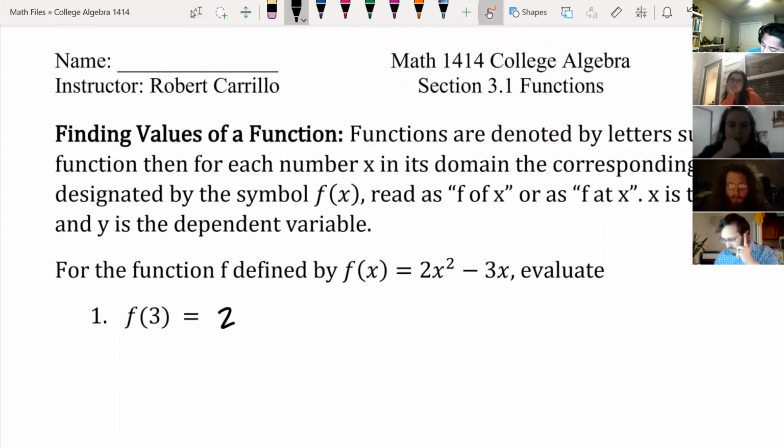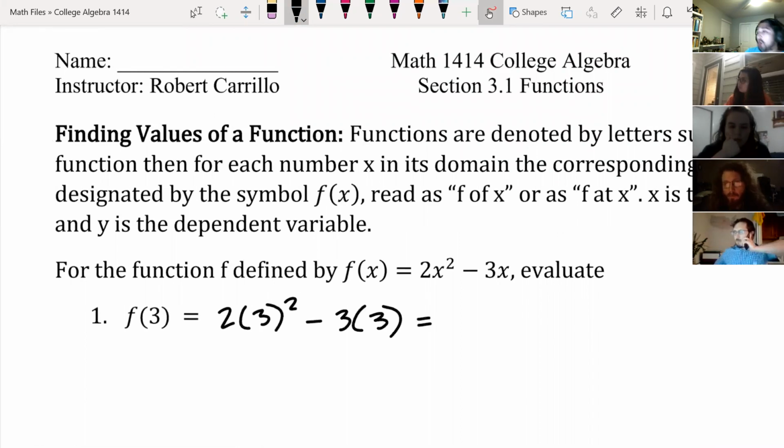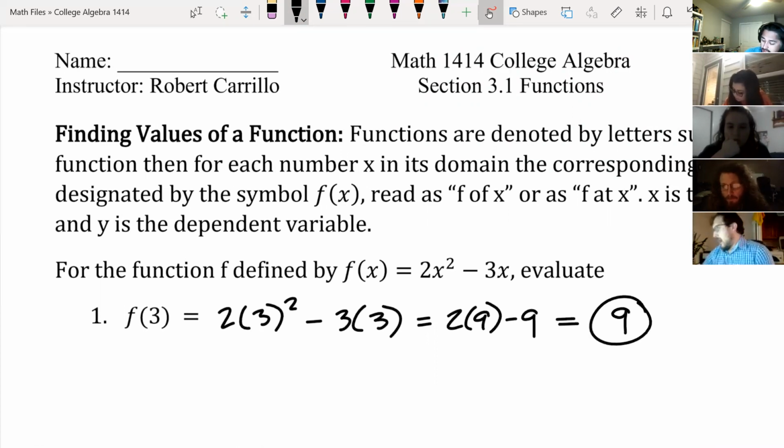You'll get 2 times 3 squared minus 3 times 3. All we have to do now is simplify. So you'll get 2 times 9 minus 9, and you'll get 18 minus 9, which gives us 9. So what we're saying with this function notation is that when x is exactly 3, the value of y is 9.